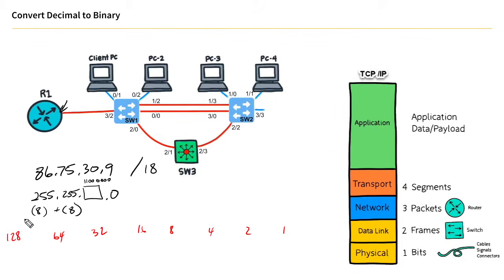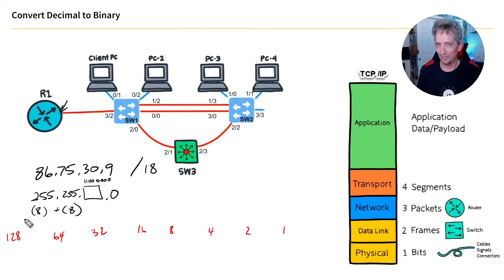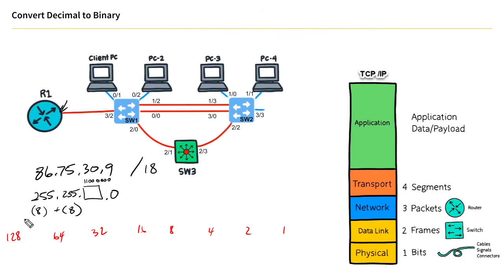So if you ever find yourself in a situation with IP addressing where you don't have a calculator handy, maybe it's a test environment, maybe you're just doing some practice, if you're not sure what to do, write out that table, the powers of 2. Starting on the far right with a 1, then double it: 2, 4, 8, 16, 32, 64, 128. That'll get your brain going at least, with that table in place. And then here's how we could use this to figure out the mask.